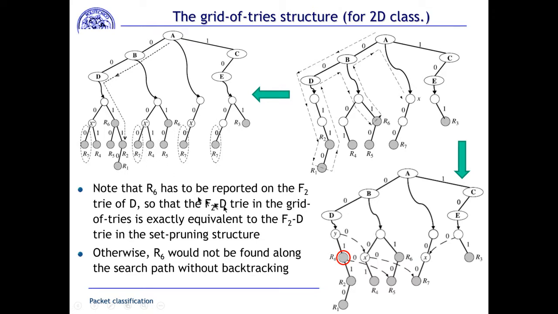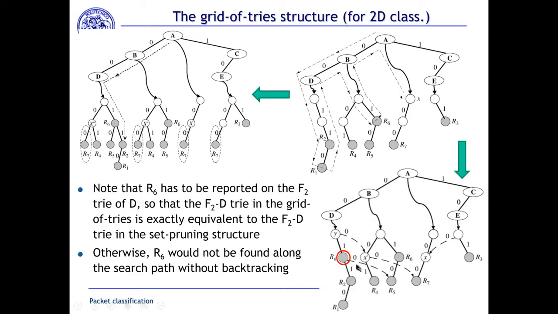And in this case it is again duplicated, but if we want to visit the right part, so we want to visit the corresponding 0 link, instead of adding a link and a node and the rule 5, like in the set pruning case, we add a pointer to the rule 5, which is already here. Okay?